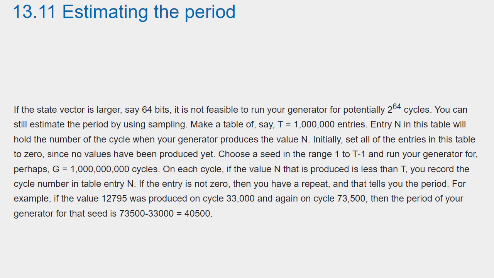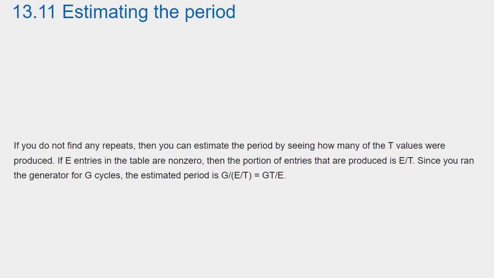For example, if the value 12795 was produced on cycle 33,000 and again on cycle 73,500, then the period of your generator for that seed is 73,500 minus 33,000 equals 40,500.